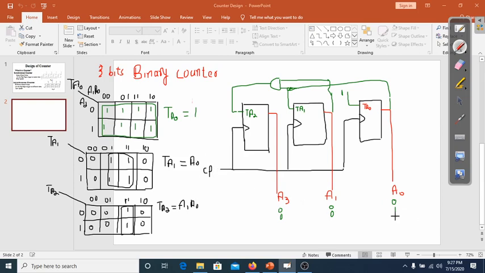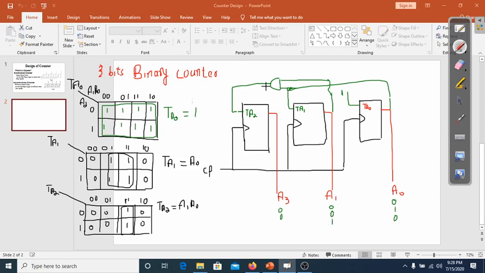So the next state would be from 1 to 0. It would be 0. So here, taking into account the second flip flop, its input was 1 because this output A naught is equal to 1 here. So it will toggle. The present state was 0, so the next state would be 1.